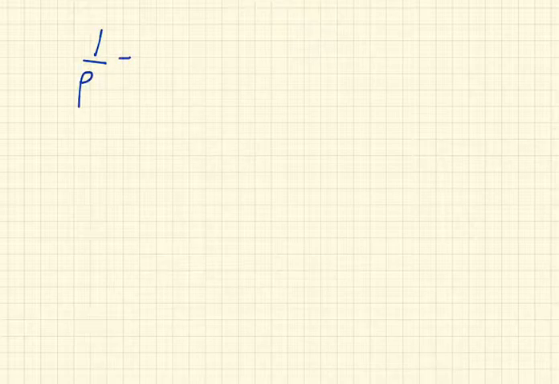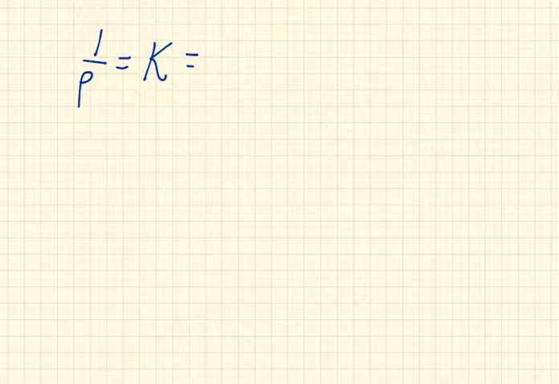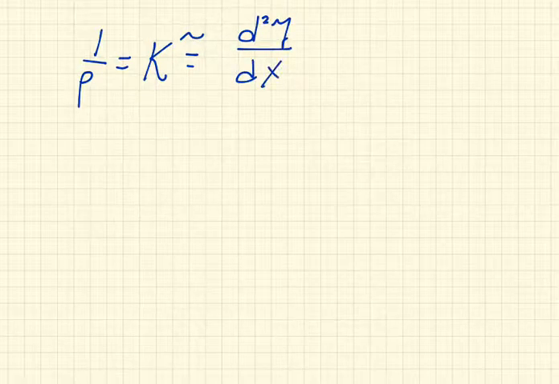and the equation for the beam curvature, as we know, is 1 over rho equal to kappa, and kappa is the curvature of the beam, which is approximately equal to d2y by dx squared.